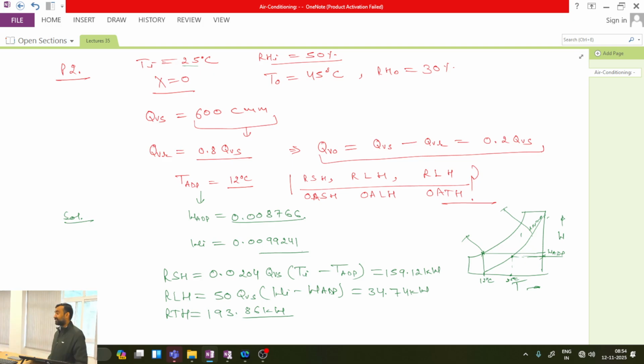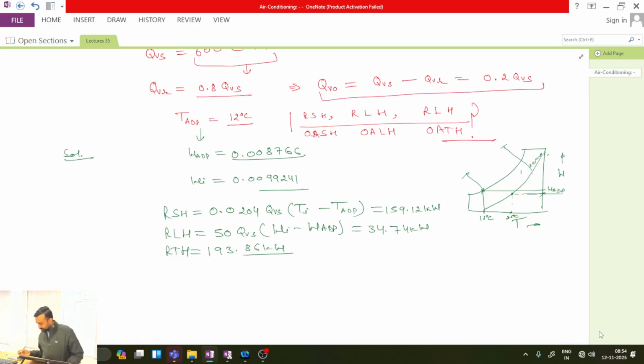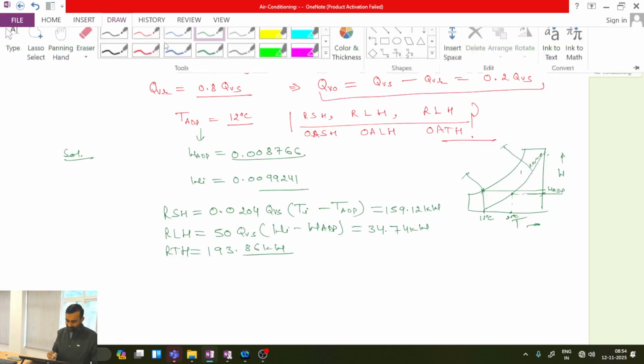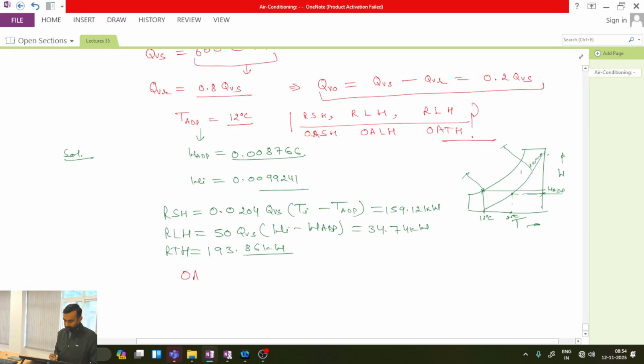So practice is needed. Okay, what is OASH? Outside air sensible heat. What should be the formula? See, sensible means 0.0204, starting with that.